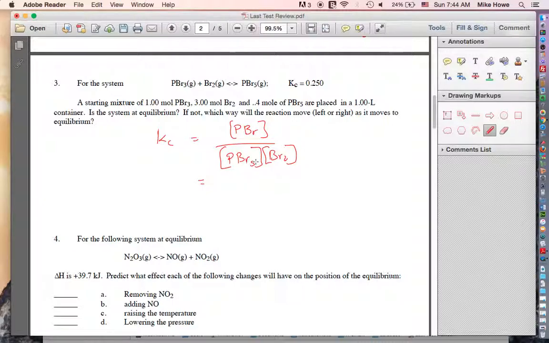For the 1 mole of PBr3, I left off a 5 up here. That confused me momentarily. So this is supposed to be PBr5. All right, so now we plug in what we know. We know PBr3 is 1. We know the Br2 is 3. I'm getting that from up here, 1 divided by 1, 3 divided by 1, and then 0.4 divided by 1.